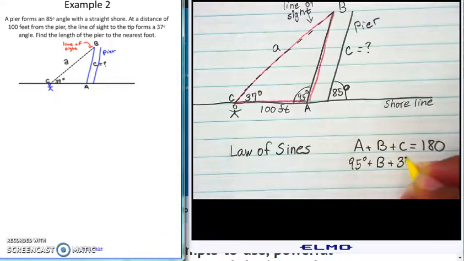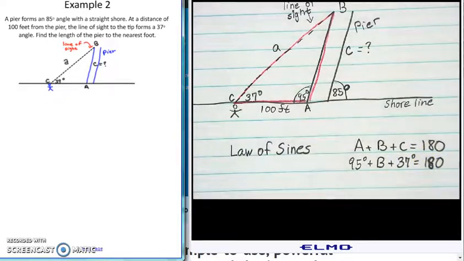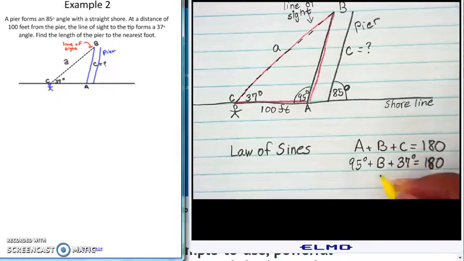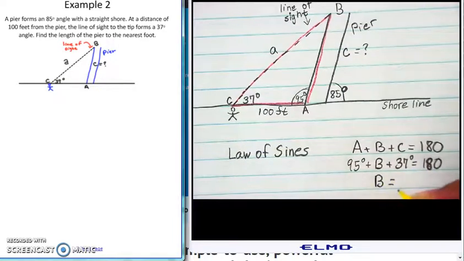C is 37. So we're going to add those two angles together and subtract from 180 and get an answer. The answer everybody should have gotten on that one is B equals 48. So 48 degrees.